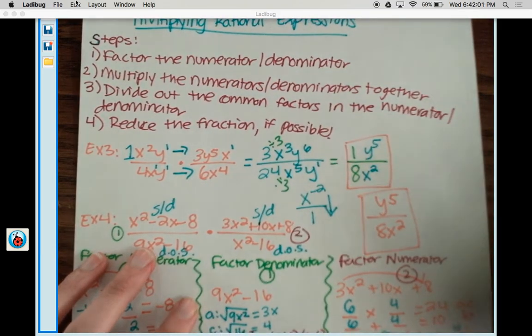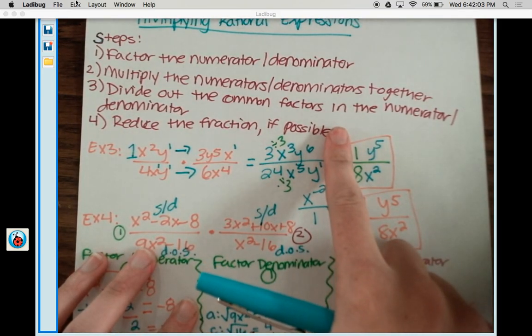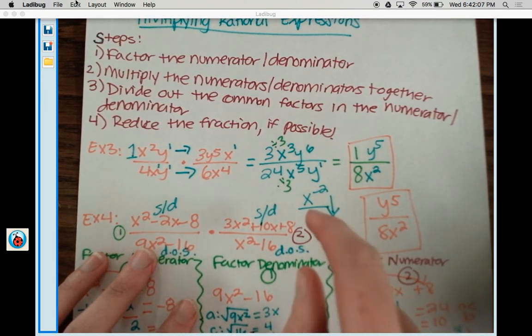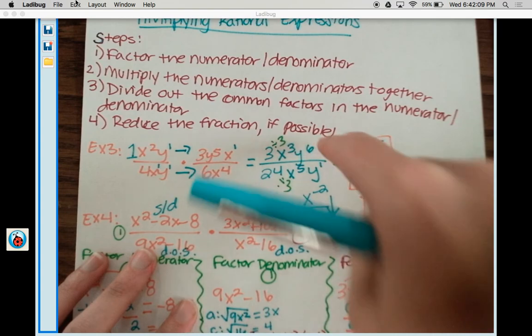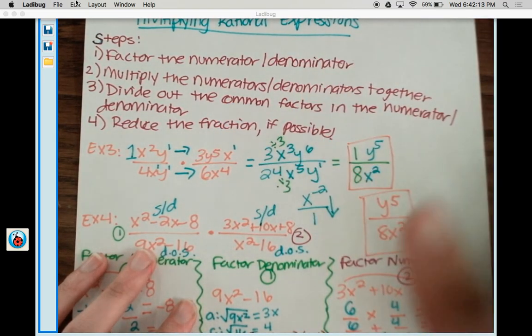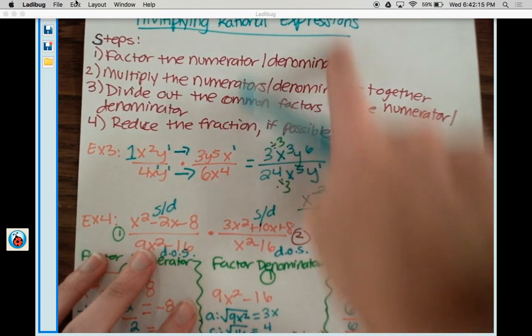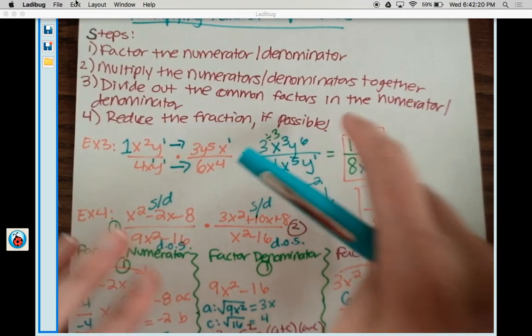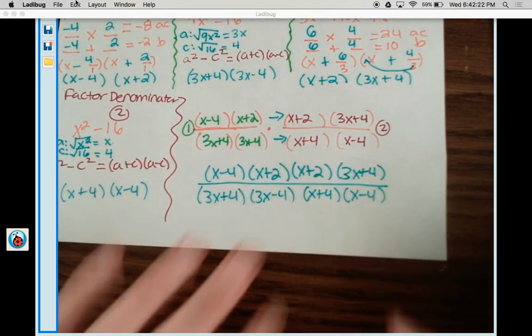Now we're going to divide out the common factors in the numerator and the denominator. We're looking for things that are alike in the numerator and the denominator, not things alike in just the numerator or just the denominator, because we're trying to get things to cancel out. If you have the same thing in the numerator, it's not going to cancel anything out.